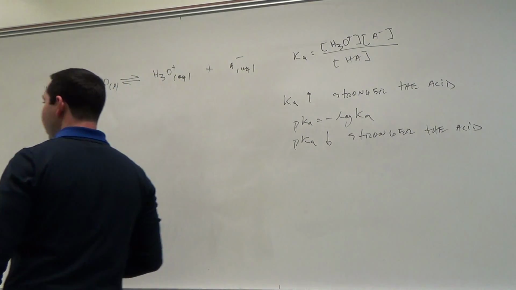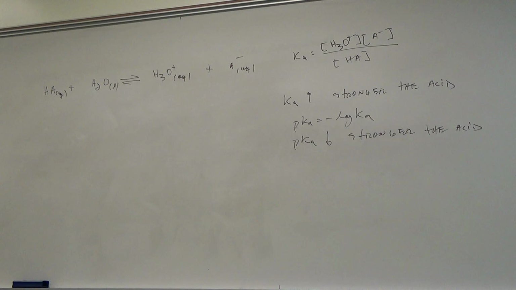We are going to compare pKa's, and I kind of already explained this to you in 1046 in preparation for this class. Things that have pKa's of less than 1 are strong acids. Things that have pKa's from 1 to 3 are moderate acids.